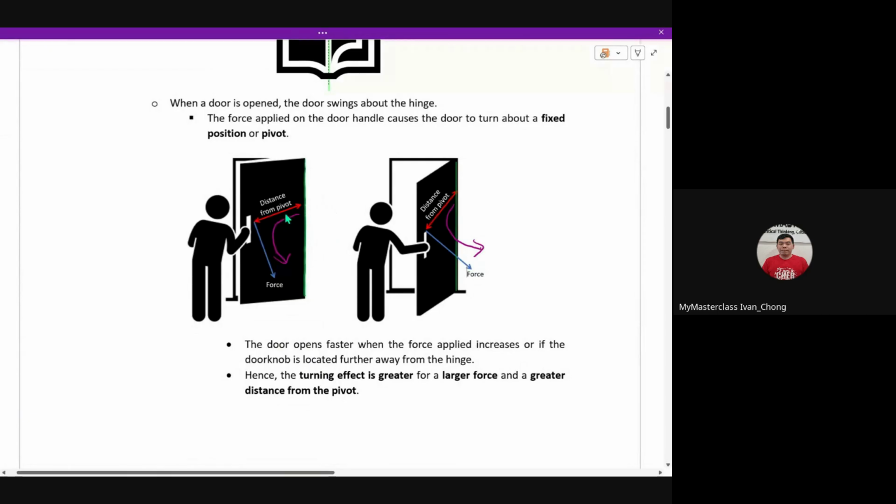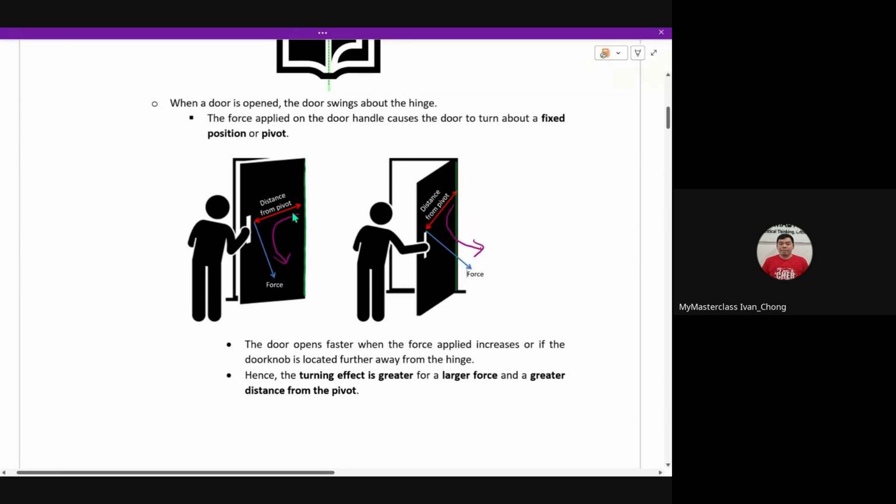If you try to open the door by pulling it in the middle, it needs more force compared to opening it at the handle. All doors are designed with the handles very far away from the hinge, so the distance from the pivot is maximized. Why? Because if you have more distance, you need less force to open the door.